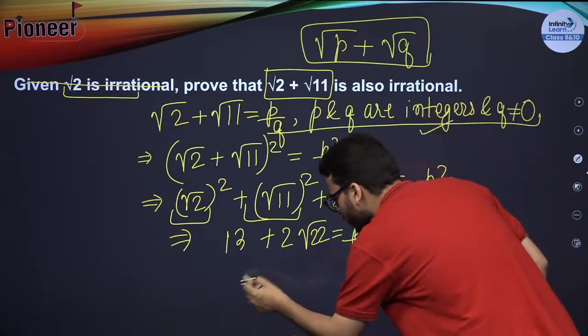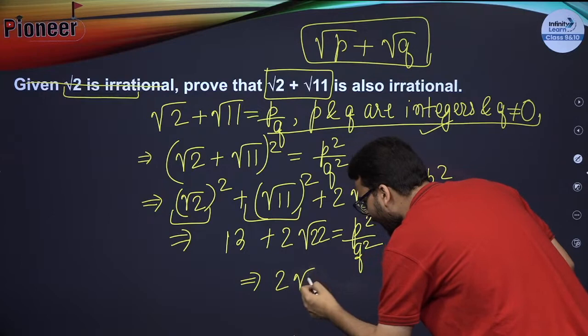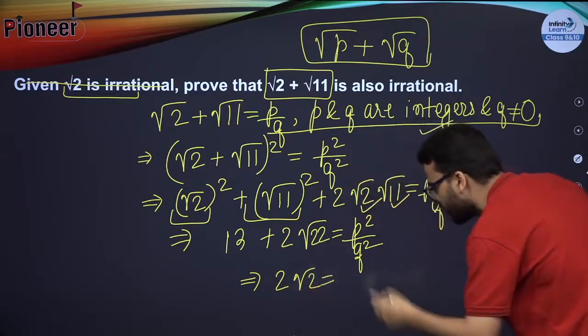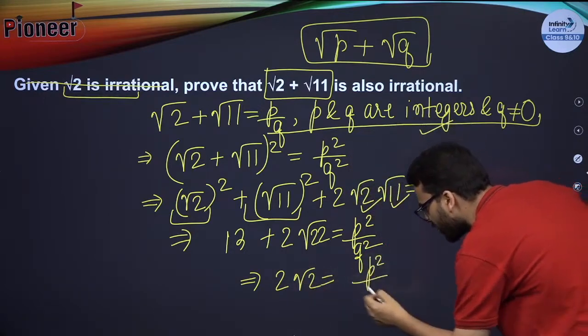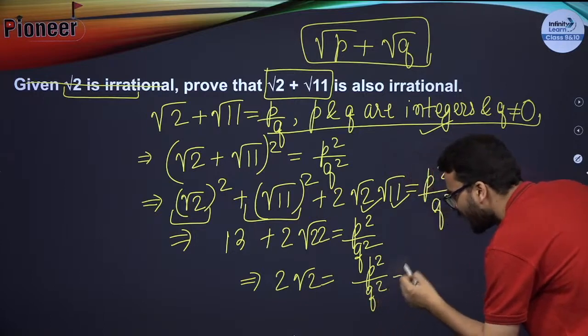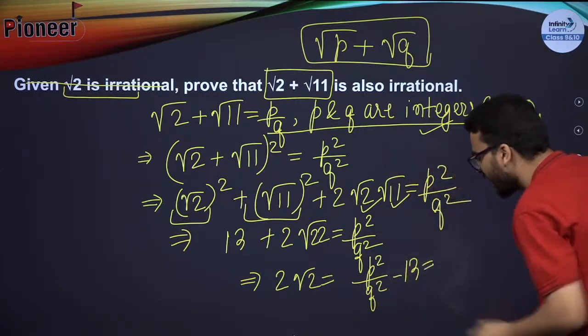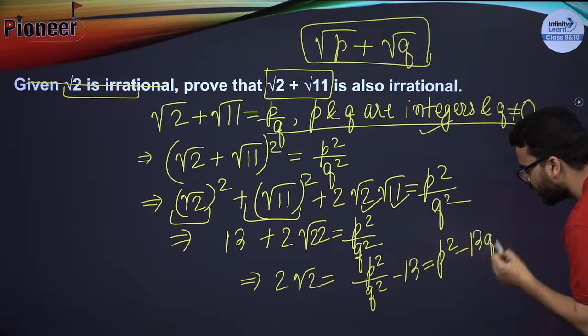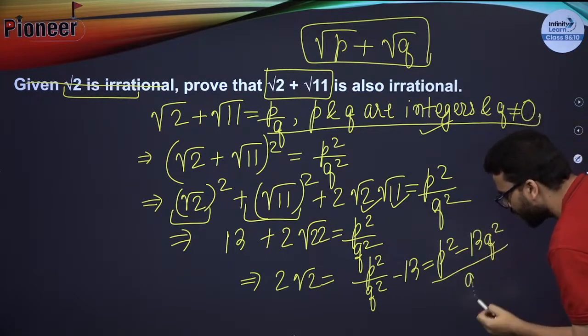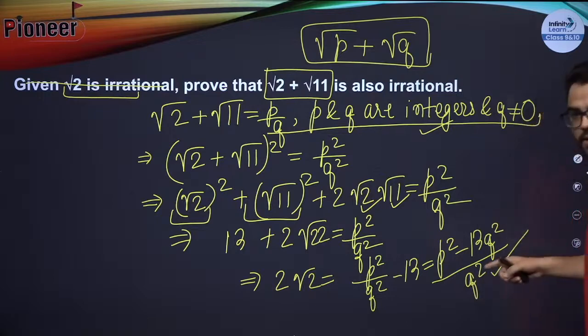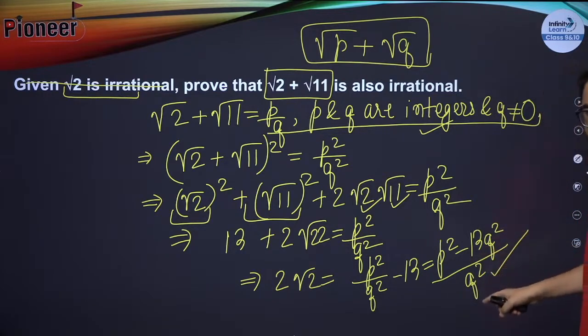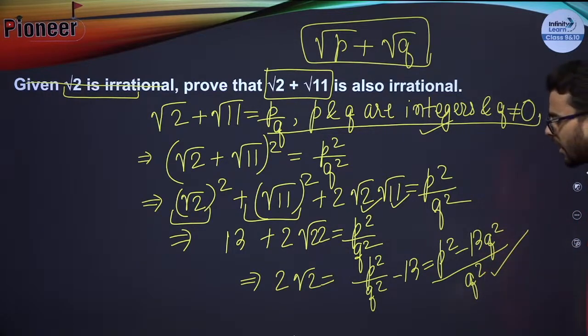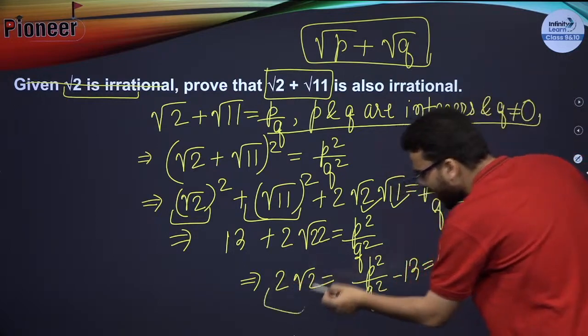So what I can do, I can separate out this thing over here. So I can write p square upon q square minus 13. So that is equal to p square minus 13q square upon q square. I hope that is clear. P square minus 13q square upon q square over here. Now I can divide on both these sides by 2.